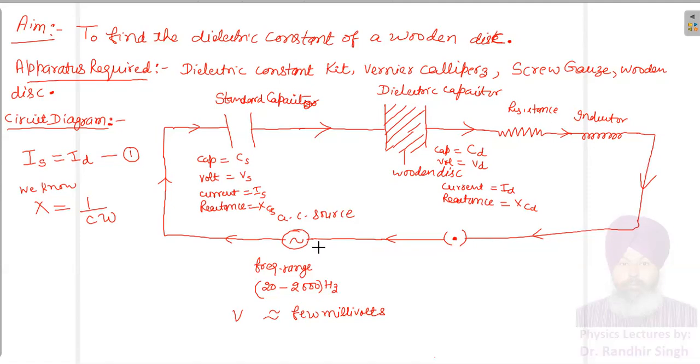Let the angular frequency of this voltage or current produced by AC source be omega.